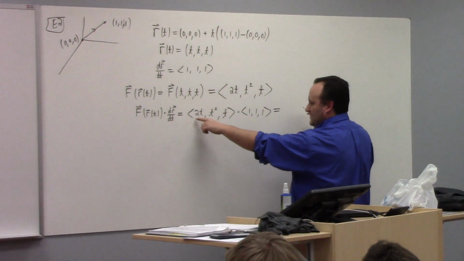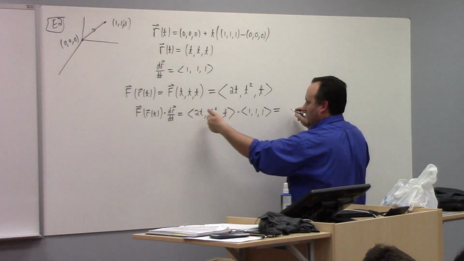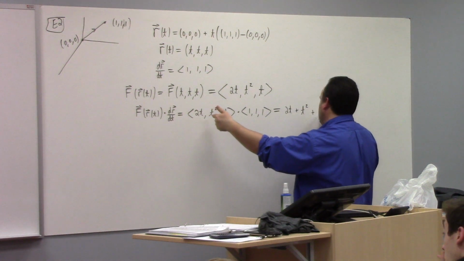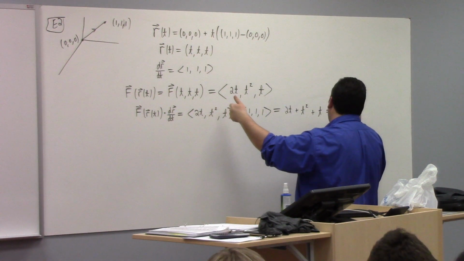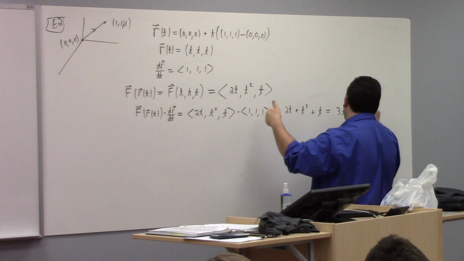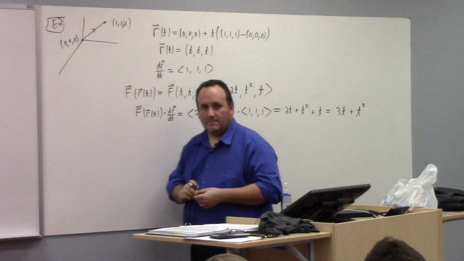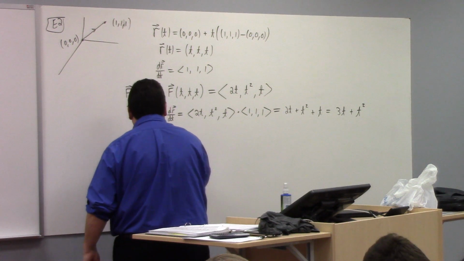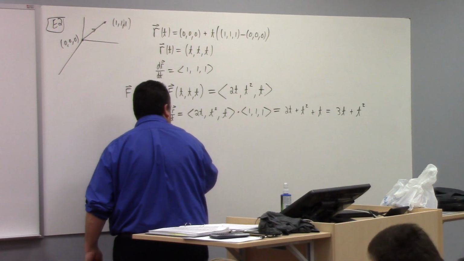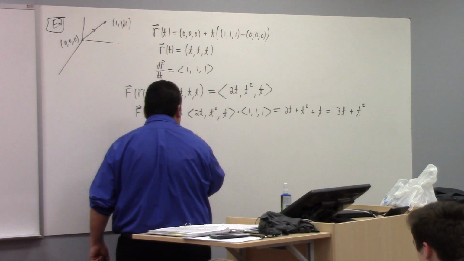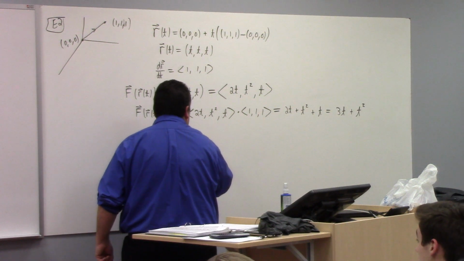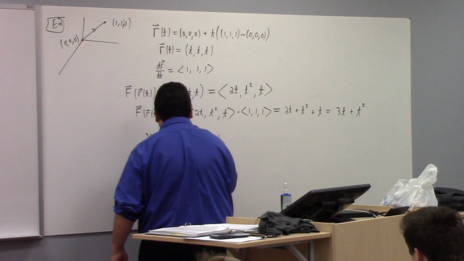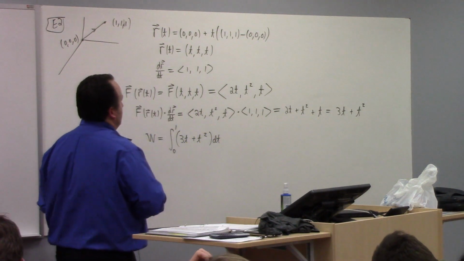So what do you got? You just got 2t plus t squared plus t, also known as 3t plus t squared. Then to calculate the work done, what do we get? We have to integrate the power. In this case, it's 3t plus t squared. Again, from 0 to 1, because that's how we set this up.